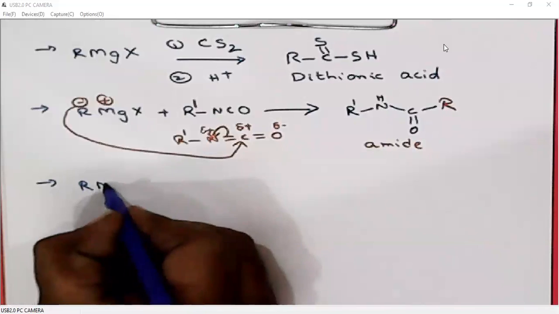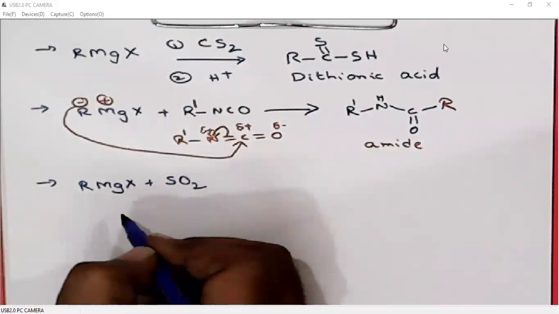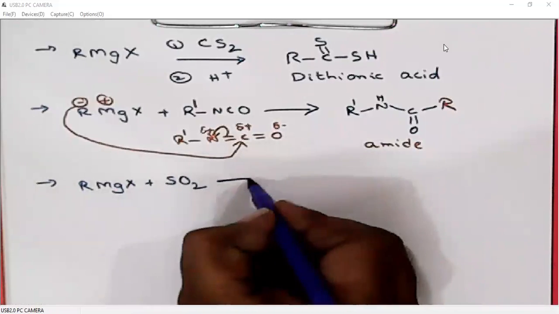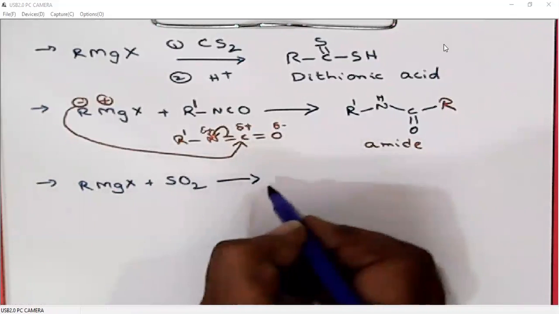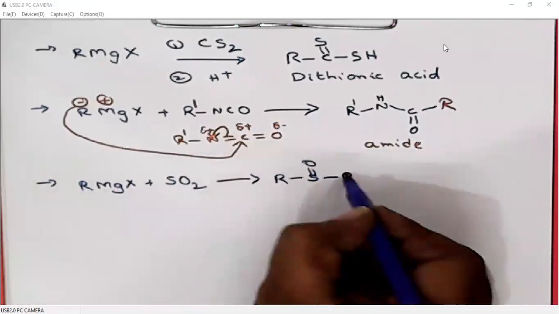Similarly, Grignard reagents will also react with sulfur dioxide. So what we will get is sulfonic acid.